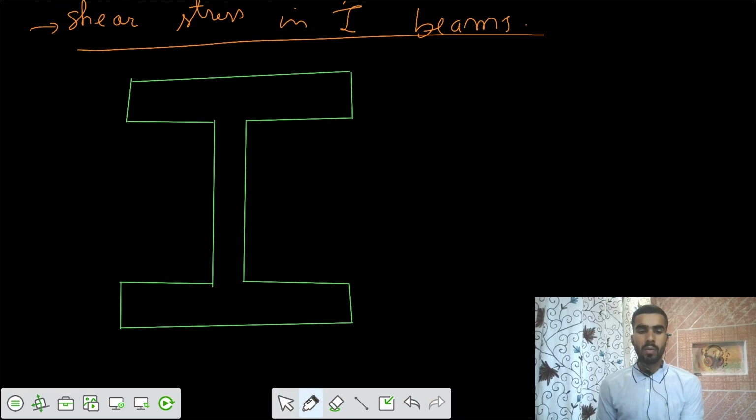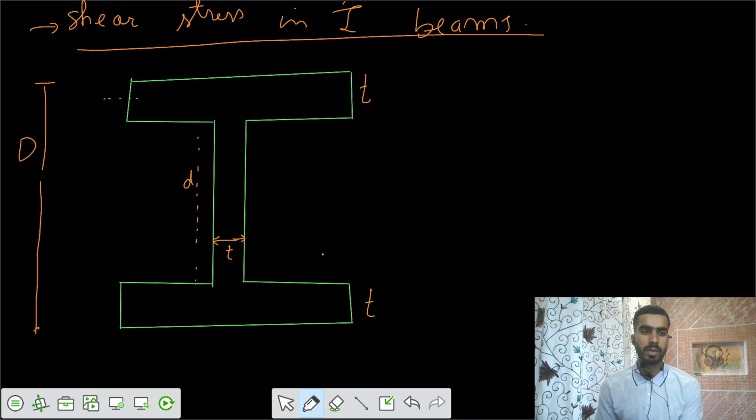Let's call the flange thickness t, and the same thickness t here. Let's forget the center to center. Let's say the depth of the web is small d, and the total depth we call capital D.